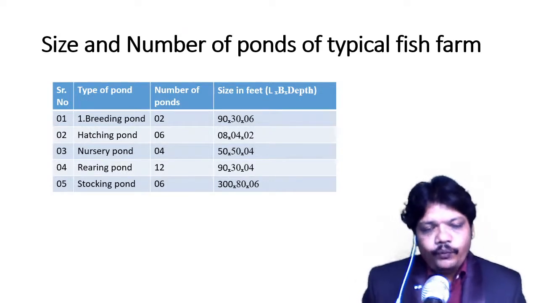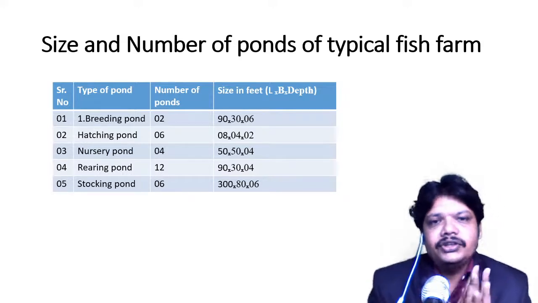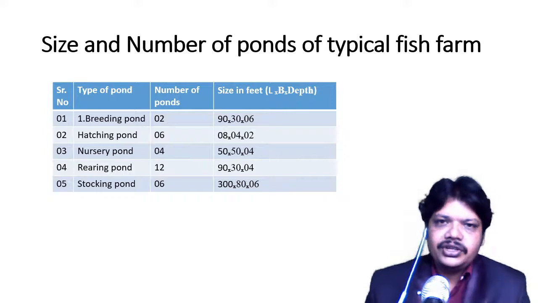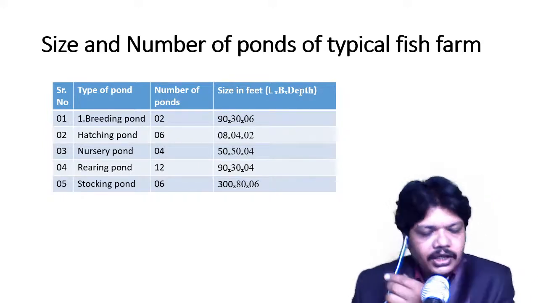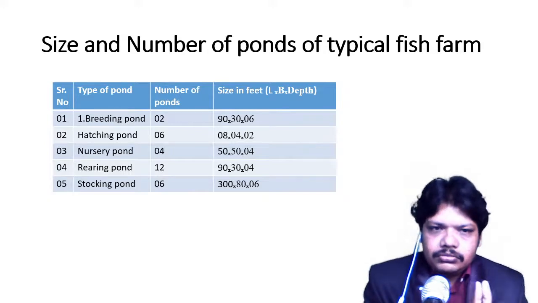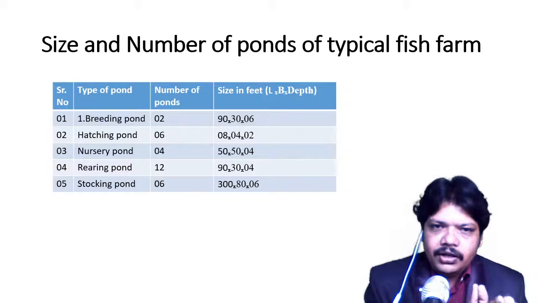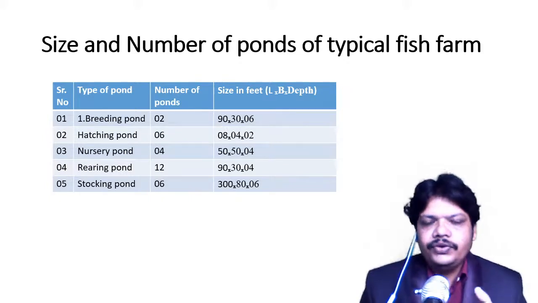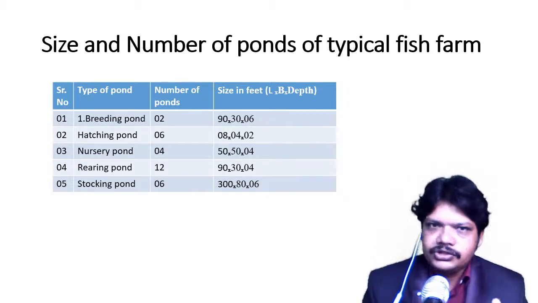For example, we take one Chinese circular hatchery with a main chamber, and in it we transfer the brooders, male and female, in whatever ratio it may be. The ratio we put inside the chamber for seed production depends on which kind of ratio we need.